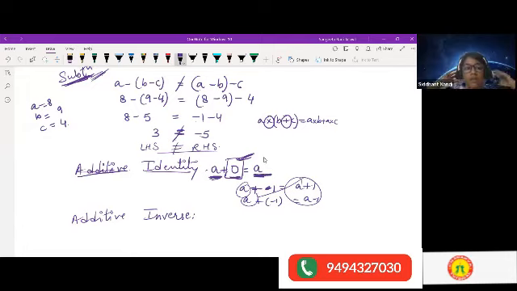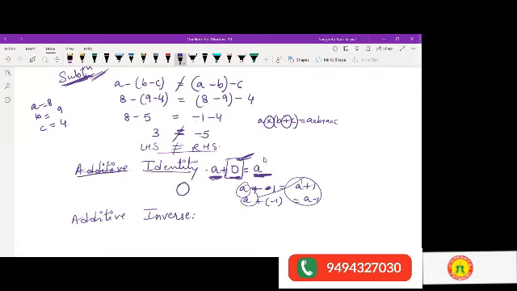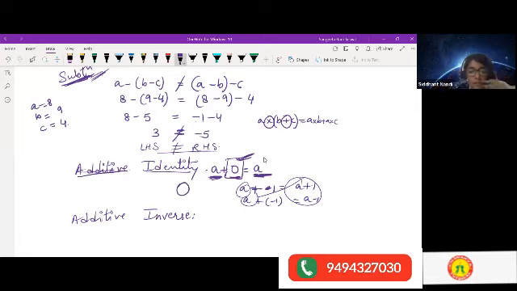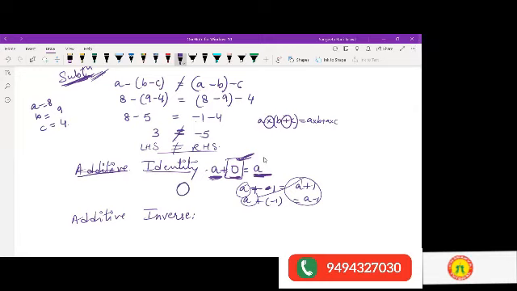And that number is nothing else but 0. So 0 is the number which helps the number to maintain its identity in case of addition. So we call it additive identity.